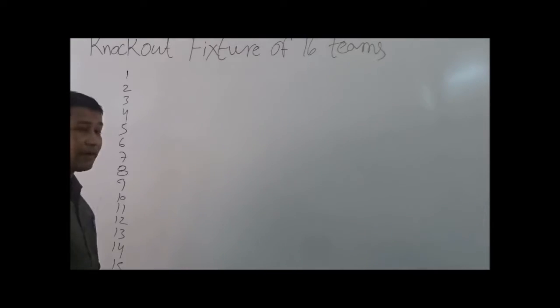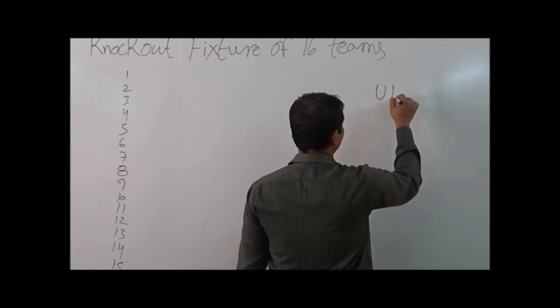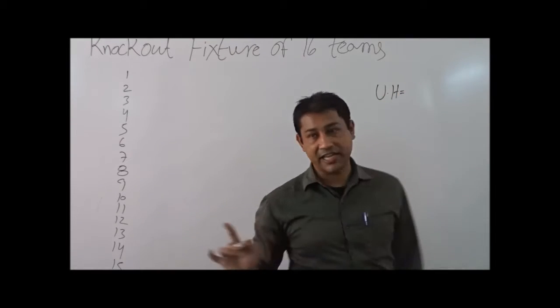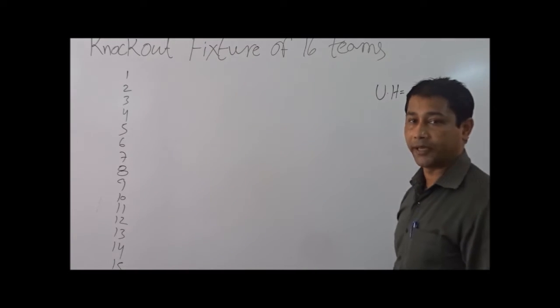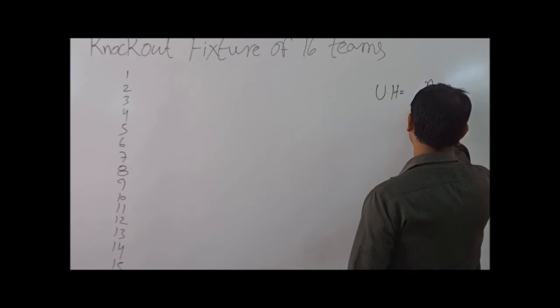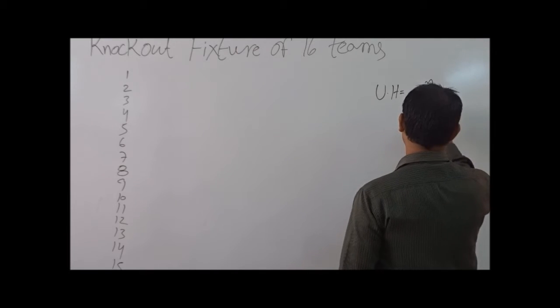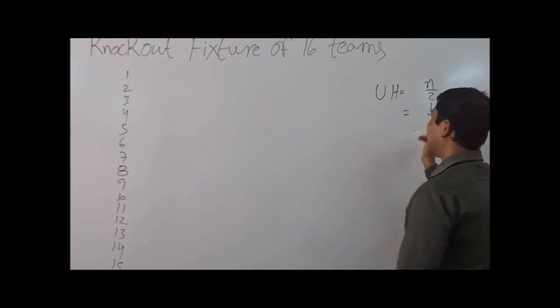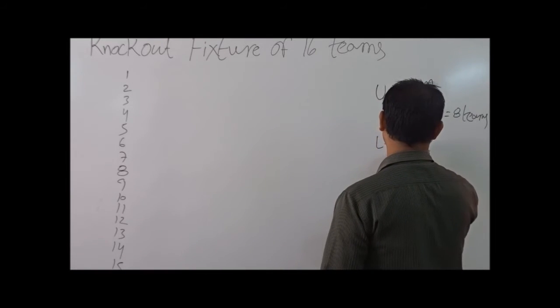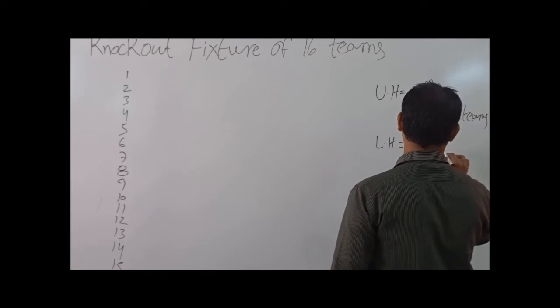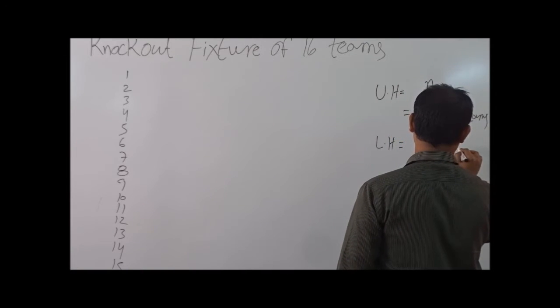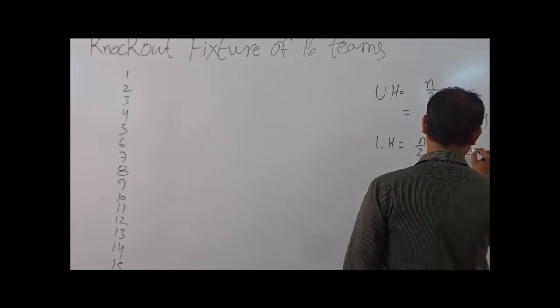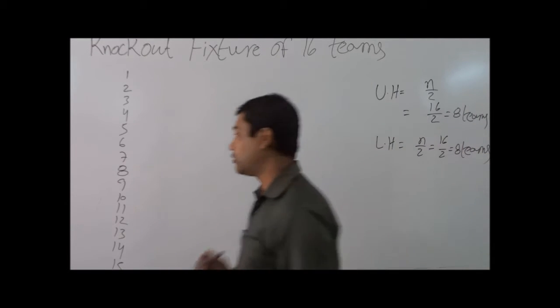Likewise, 16 teams are being lined up. Next, we need to divide the total number of teams into two halves, that is upper half and lower half. Again, the formula, since 16 is an even number, the formula would be n upon 2. That stands 16 upon 2, means 8 teams. 8 teams in upper half. For lower half also n upon 2, eight teams in lower half.